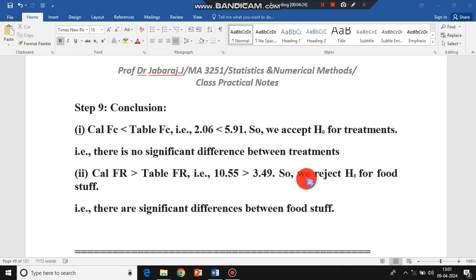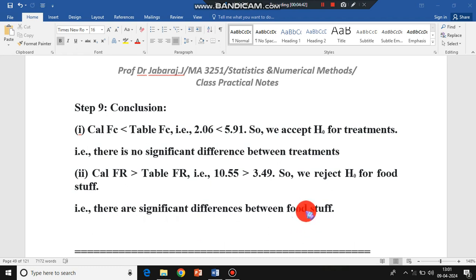They are not acting equally. So there exists a significant difference between foodstuffs A, B, C, D. Therefore, the final answer is that there are significant differences between foodstuffs or feedstuffs.